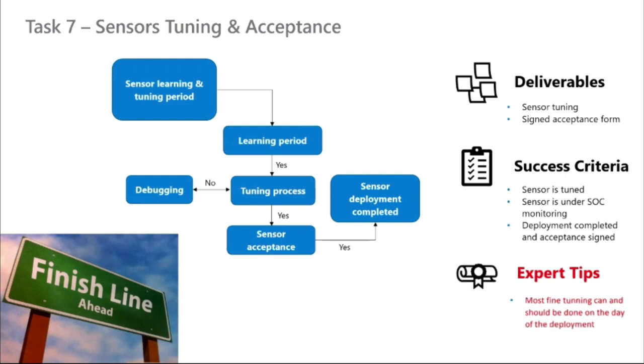Now, as I indicated before, most of the fine-tuning can and should be done on the day of the deployment, at the time of the deployment, in terms of putting in the IP networks and VLANs that we're expecting, and masking those alerts that occur every second because of regular standard behavior in the traffic, and they're of no real security value for the system. Those can be done immediately and on the spot. All others might take a little longer.